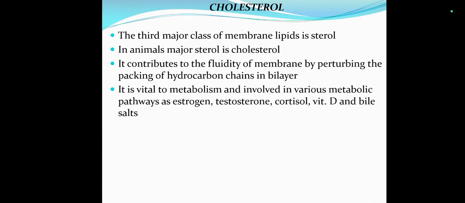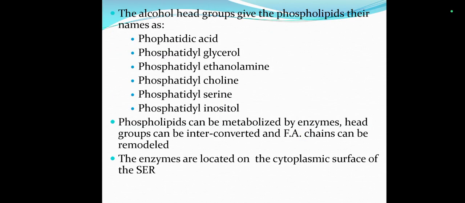Different structures are present in the cell membrane, like cholesterol and different types of fatty acids. These include phosphatidic acid, phosphatidyl glycerol, phosphatidyl ethanolamine, choline, serine, and inositol.